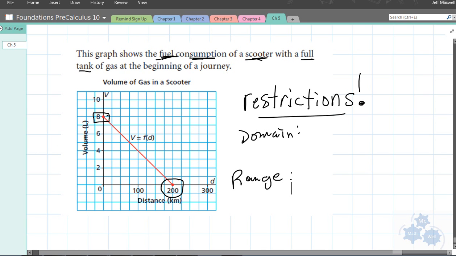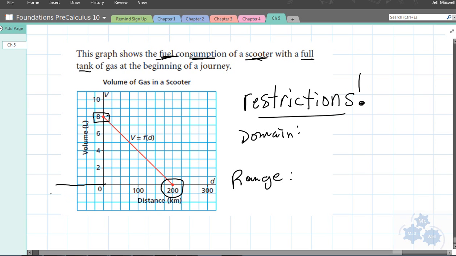So, for example, if I'm talking about restrictions on the domain, look at this here. For this situation, it's pretty obvious that we start at 0 kilometers. That's where it starts, right? What doesn't make sense is to have a piece of the graph go this way for the domain.